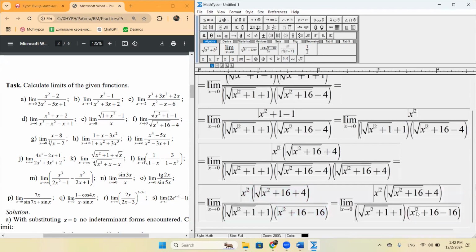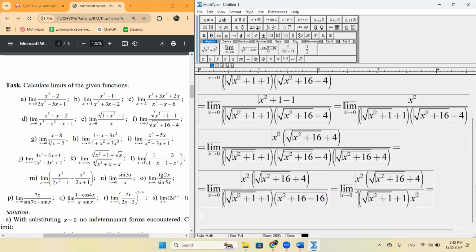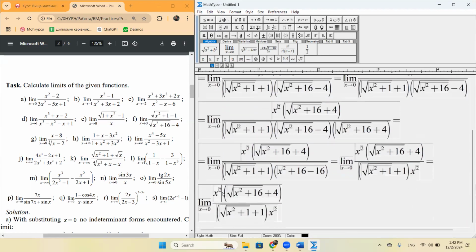So here we have only x in power of 2, and then we will also have x in power of 2, so it will be cancelled as well, so we will reduce it. So x in power of 2 goes away. And now we can easily substitute 0 and there are no indeterminate forms.